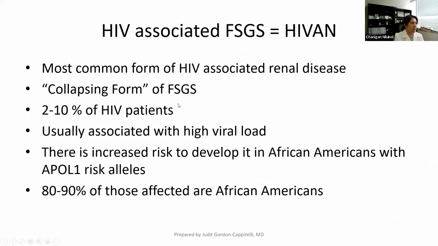But again, it may still be on your board exam, I don't know, but it's the most common form of HIV-associated renal disease, maybe in the past, not currently. And typically, you would see collapsing FSGS if this is HIVAN. If you have patients who have never been treated for HIV and just come in with nephrotic syndrome, you may see HIVAN. Usually associated with a high viral load, and there's an increased risk of HIVAN in the African American population with the APOL1 risk alleles.